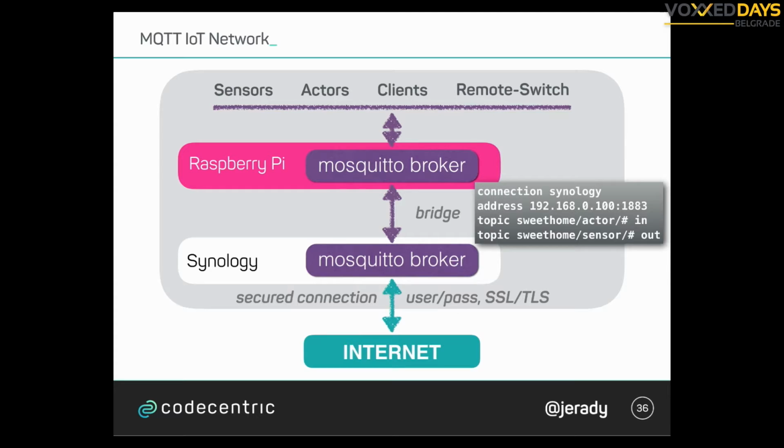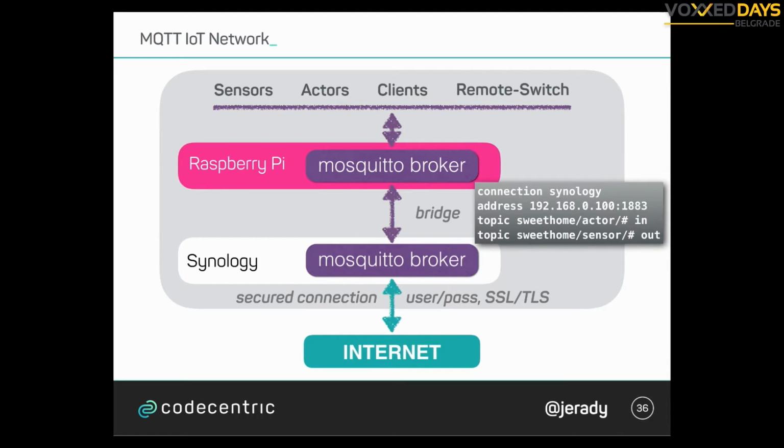So in my local network, I have a Raspberry Pi running this Mosquitto broker. There's no security at all because it's my local wireless LAN, which is secured by WPA2, and I don't want to annoy my very lightweight sensor hardware with all this username and password stuff. So there's no security inside.